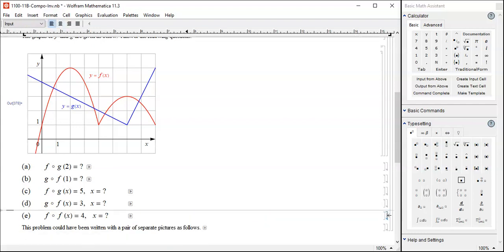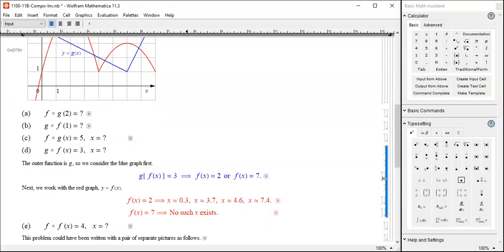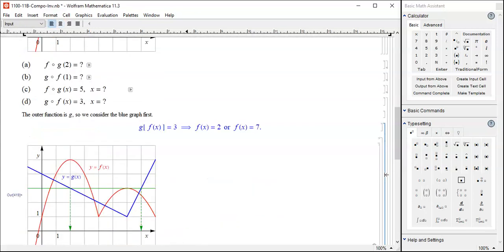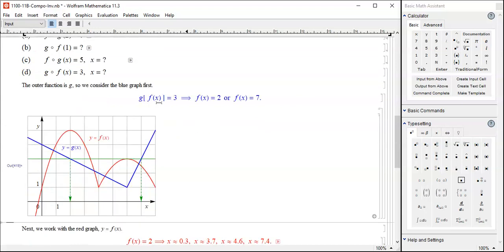Let me give you a little bit better visualization here. So g of f of x is equal to 3. F of x is 2 or 7. What does that mean? G of something is equal to 3. Yes, we have this green line here.